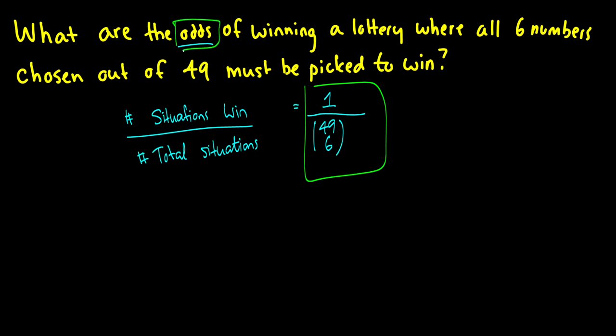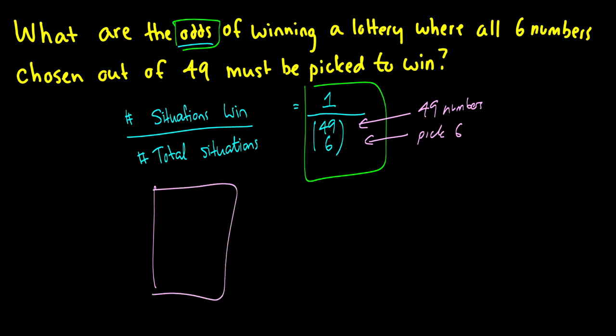So it's the number of ways you can win over the number of total situations. So we have 1 over 49 choose 6 because, of course, there's 49 numbers in the lottery and you have to pick 6. And if you know anything about lottery tickets, when you have your ticket here, it'll say something like Lotto Max at the top, and it'll list your numbers in chronological order at the bottom here.